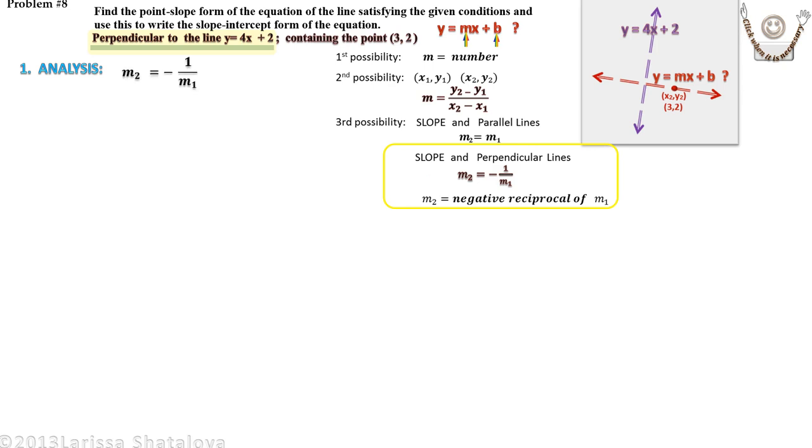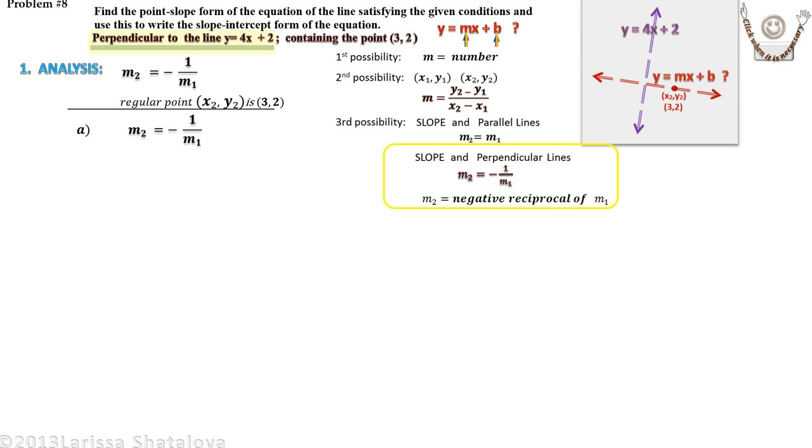And then B, we have to find the y-intercept. Let's look into our point. Our point with coordinates (3, 2) is a regular point. So nothing we can do here in order to find the y-intercept directly. So what we're supposed to do first, we have to figure out the slope of our line, which is perpendicular to the line with equation y equals 4x plus 2.